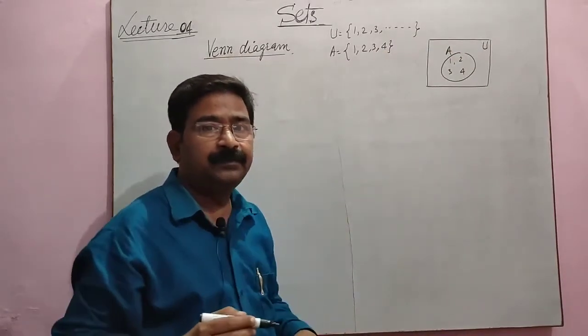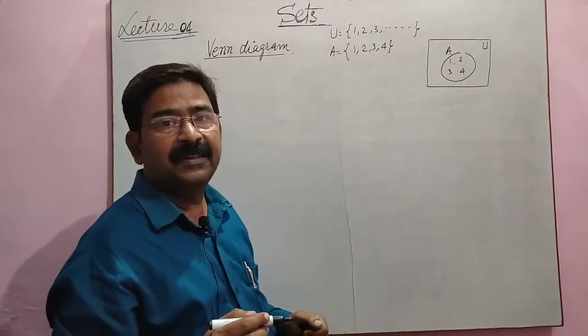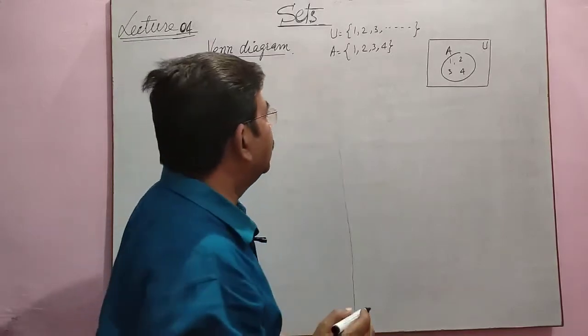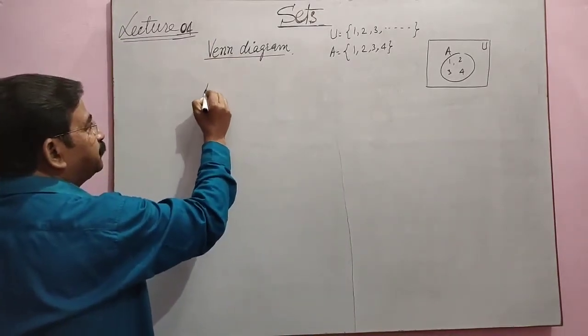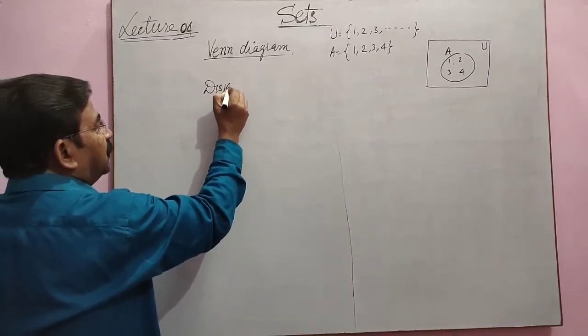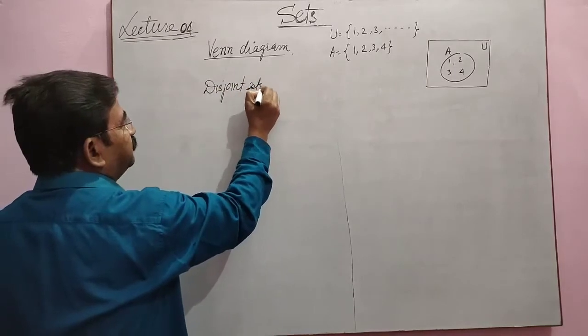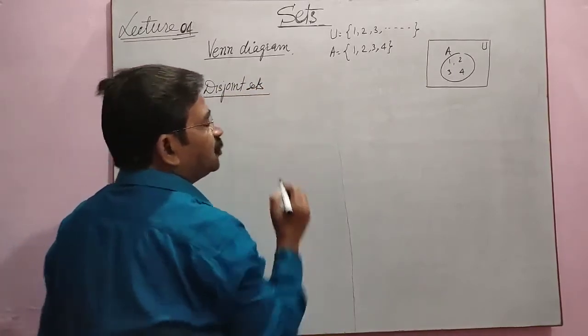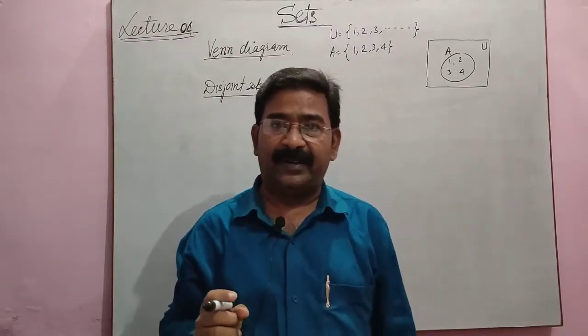Now let's see how to form the union of sets, disjoint sets. Disjoint sets means two sets having no common element.